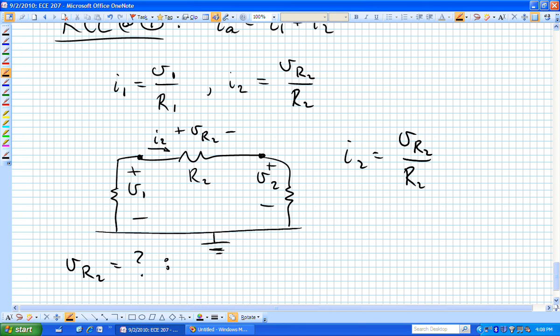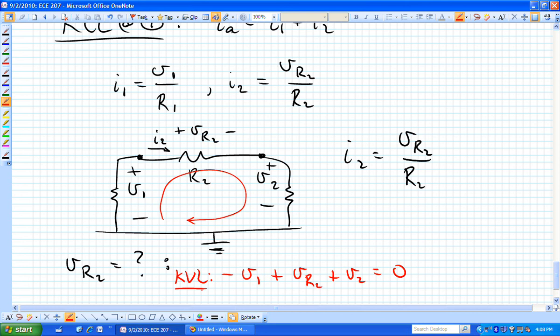We can apply Kirchhoff's voltage law in that particular sub-circuit. We can walk around this way. We can say then that minus V1 plus V sub R sub 2 plus V sub 2 is equal to 0. That's by KVL.